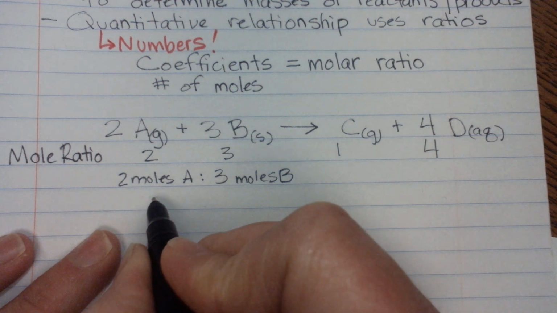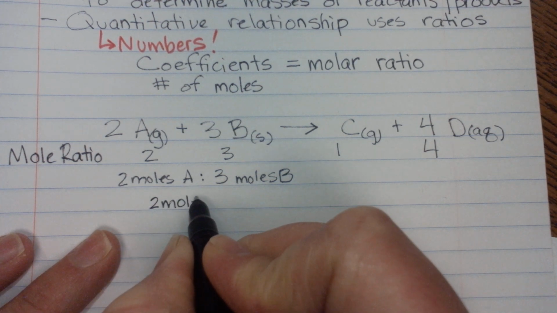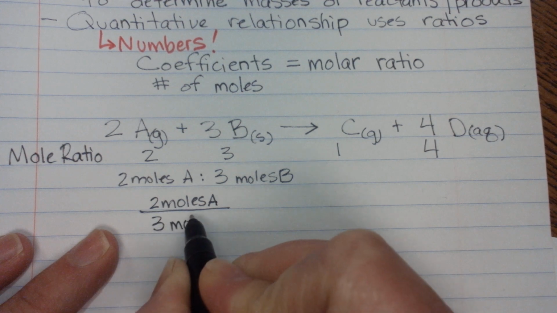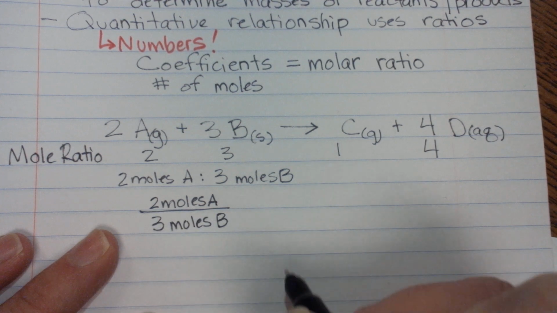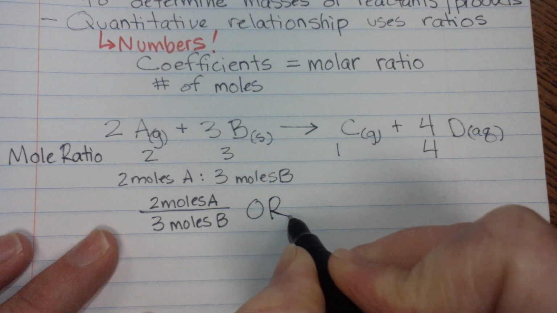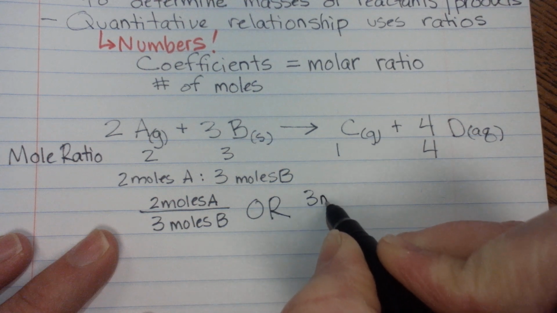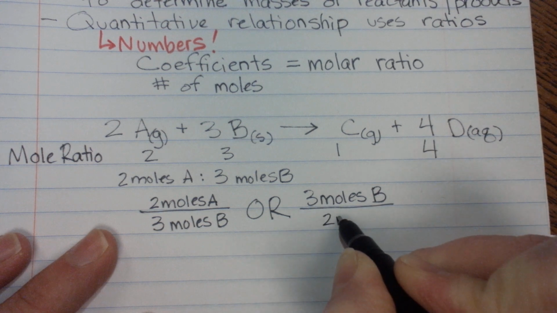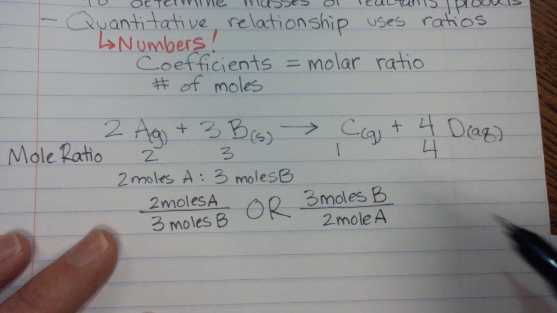Don't cringe. Here it comes. 2 moles of A over 3 moles of B. Or 3 moles of B over 2 moles of A.